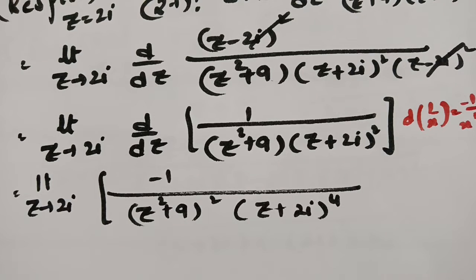And again we have to take a derivative for the denominator. For the denominator, this is the UV rule. So this is u and this is v.